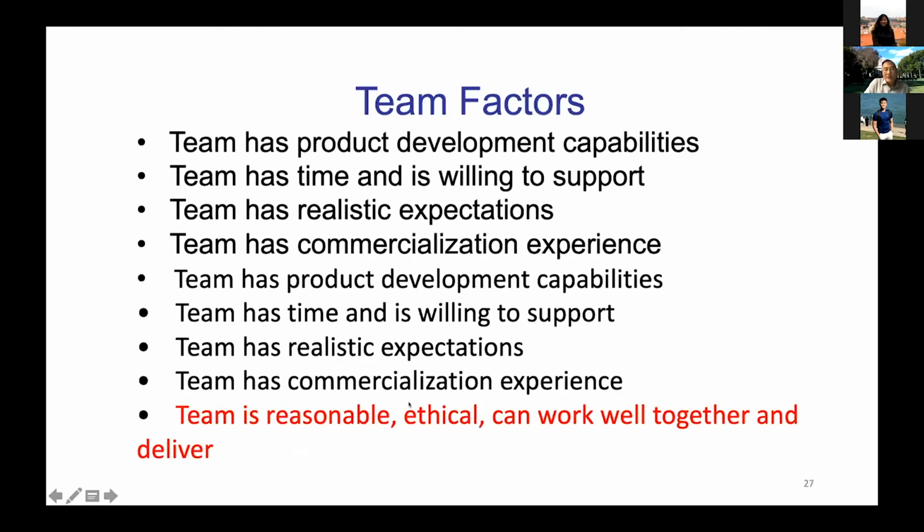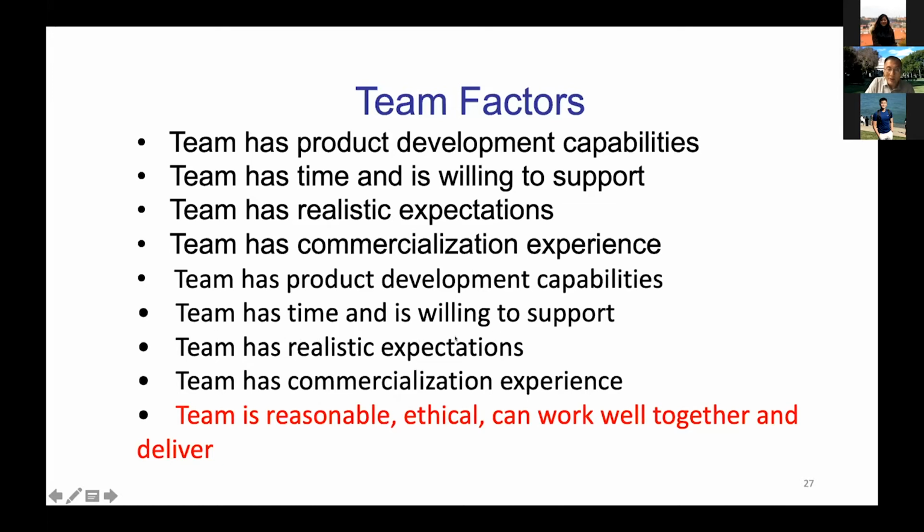For the team factor, this is a very important part. The team has product development capability. The team has time and is willing to support.